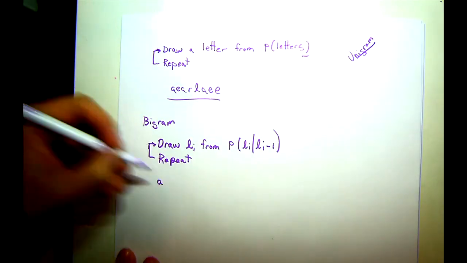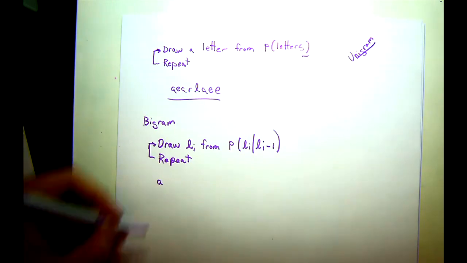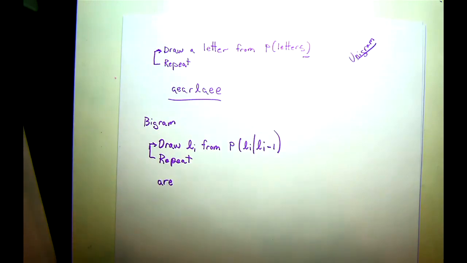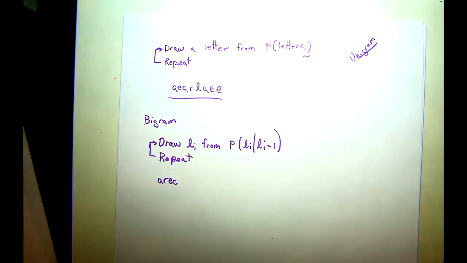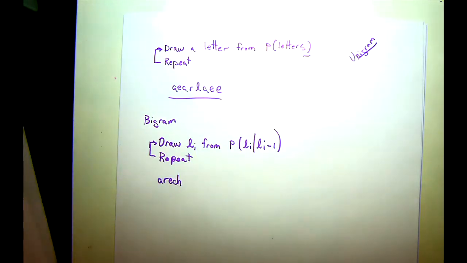But let's say I generated an A as my first letter. Now I'm just going to sample along. Given an A, all the other letters are going to have some probability. Maybe an R comes next. After an R, there's probably a good chance of an E. After an E, there's a good chance of a C. After a C, there's a good chance of an H. You're going to get a string of letters that start looking like words. They won't be words, but they'll look like words. So that's a bigram model.